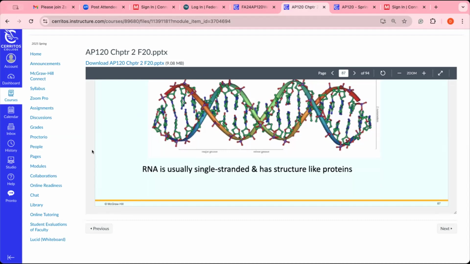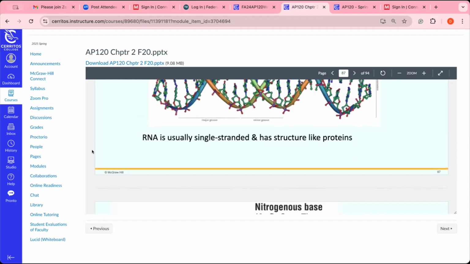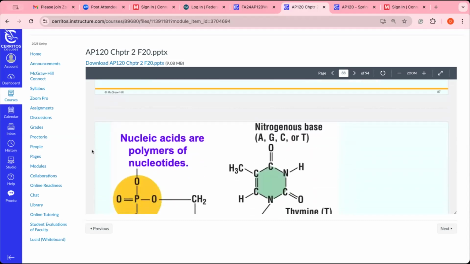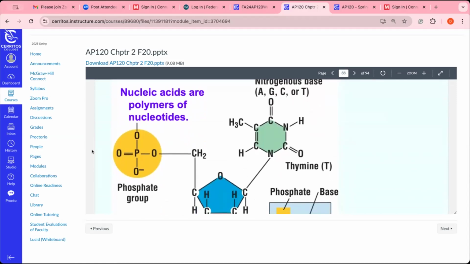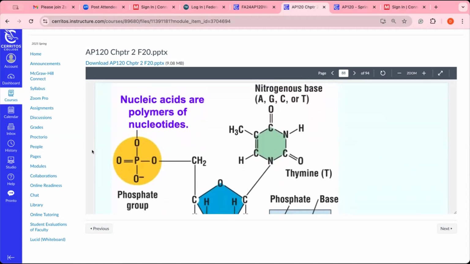That's one of the ways, it's not the only way, that RNA typically is different from DNA. DNA is 2-stranded, and it's a double helix. RNA is usually single-stranded, and it has different functions. Okay, so let's continue. Here are some pictures of nucleic acids.